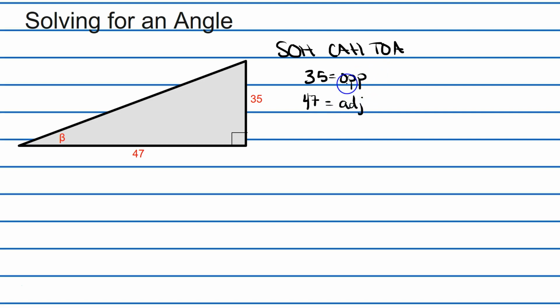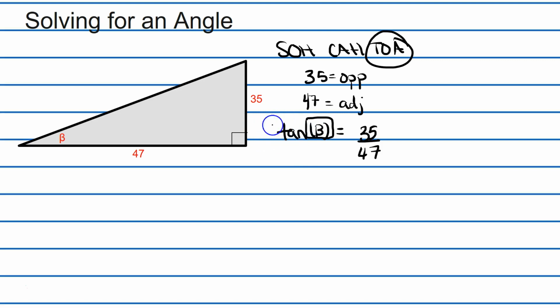So in this case, we have opposite and adjacent. And because of that, we know we're going to use tangent. So now I can say the tangent of beta is equal to 35 over 47. Think about this one as you want to solve for the variable beta, because we don't know how many degrees it is.